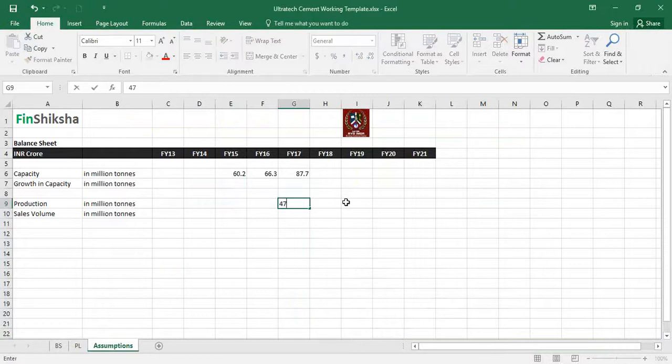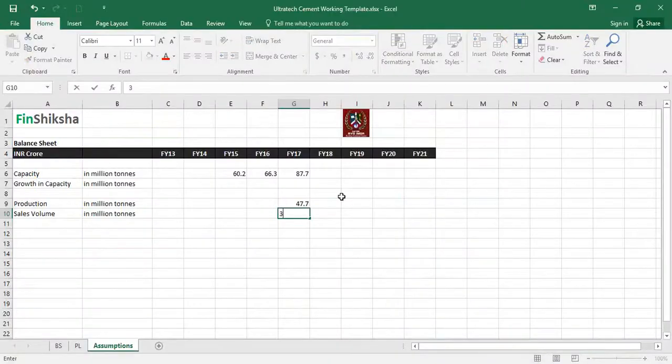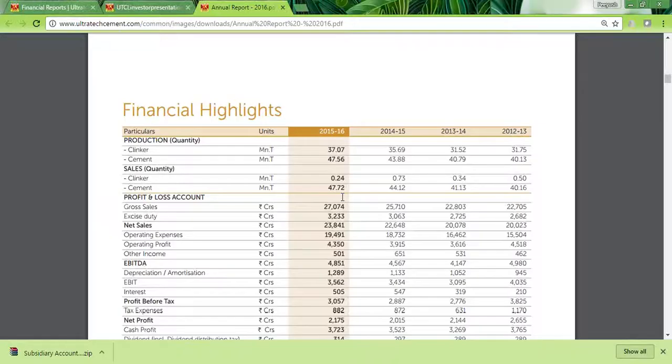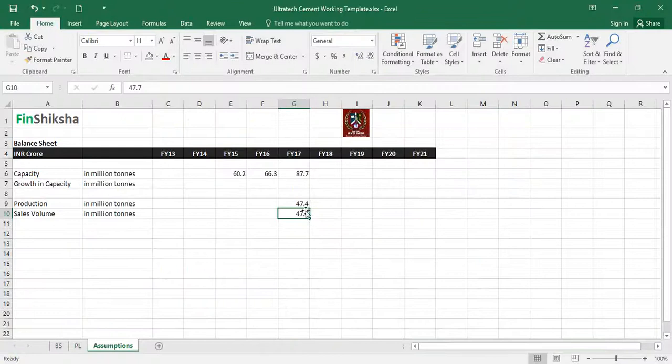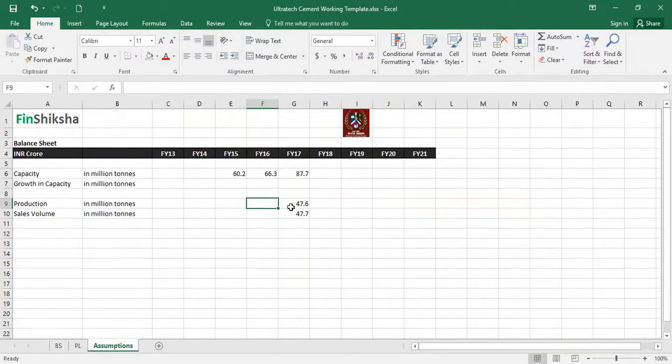So this production volume is, sorry, that is the sales volume, 47.7, and production volume is 47.6. Last year, this number was, sorry, this is for 2016, so you have to put it here.